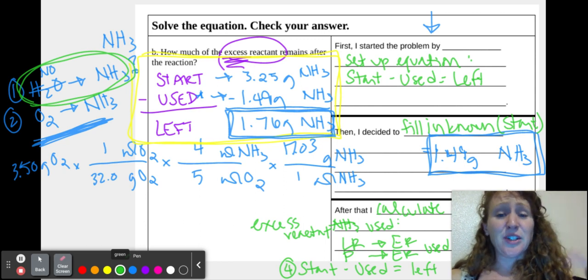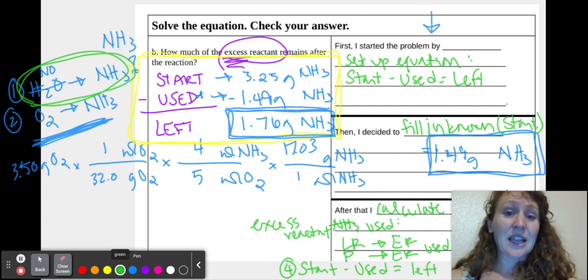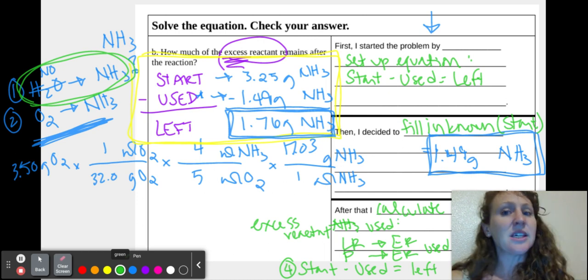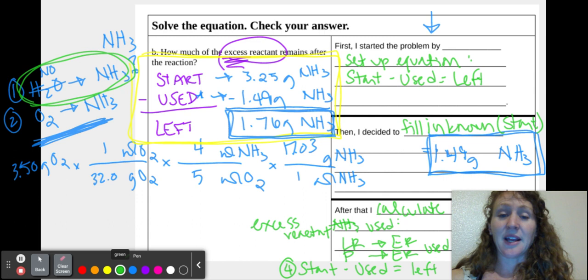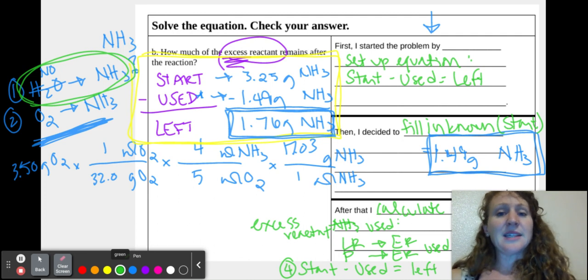A, that's really hard to do. And B, it would have taken you a lot longer than just using dimensional analysis. So we see the usefulness of this skill. Proportions are extremely useful in the right context, right? But there's some contexts where dimensional analysis is really useful too. So embracing that skill is helpful for this problem.